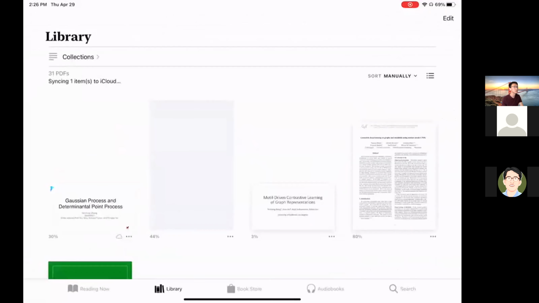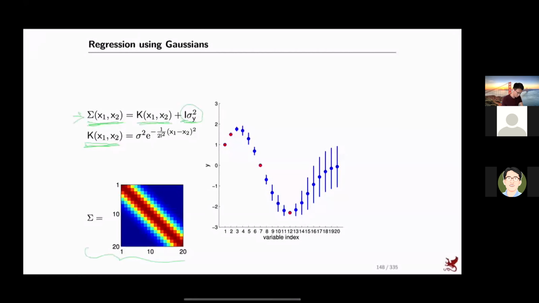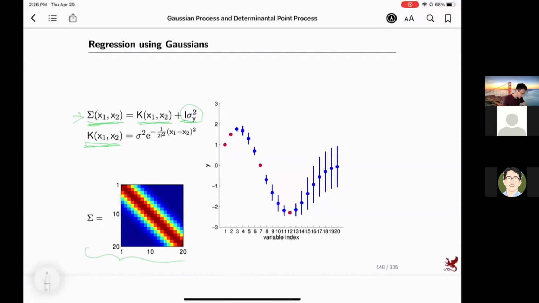Yeah. Here, what is sigma y? Oh, okay. Yeah, sigma y is one hyperparameter. So what is that? So basically we want to specify this Gaussian distribution, so we want to specify its covariance. And for this covariance, we want to be able to compute the covariance for any two inputs, say x1 and x2.